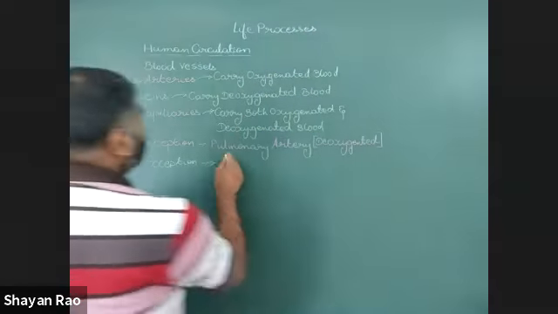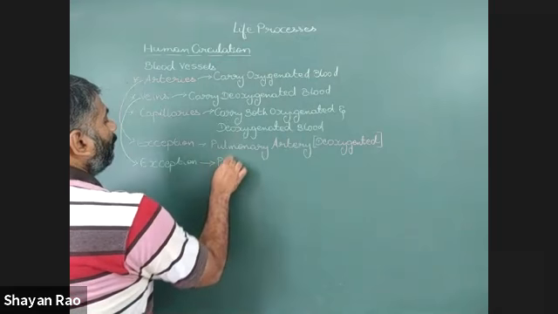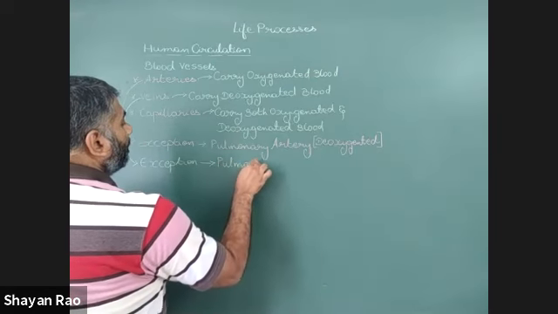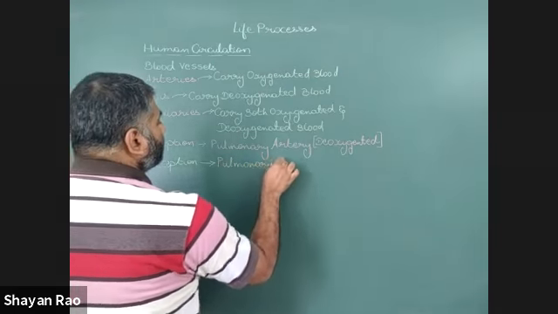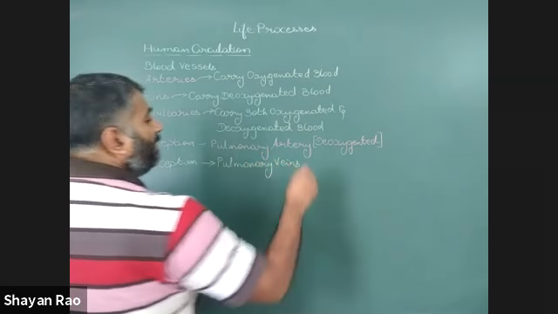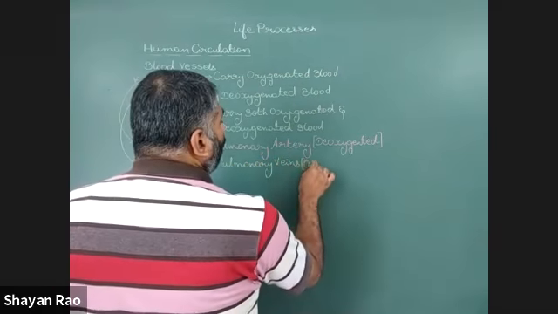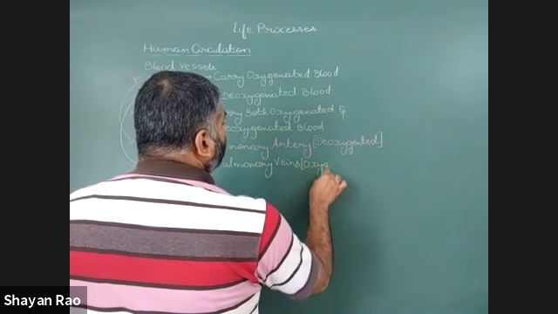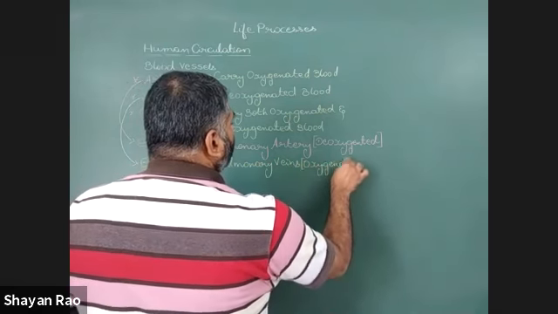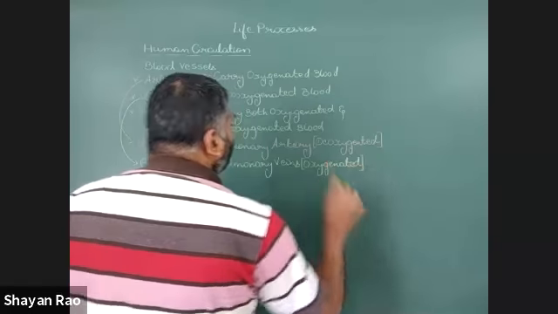So the exception is the pulmonary veins. So pulmonary veins are going to carry oxygenated blood.